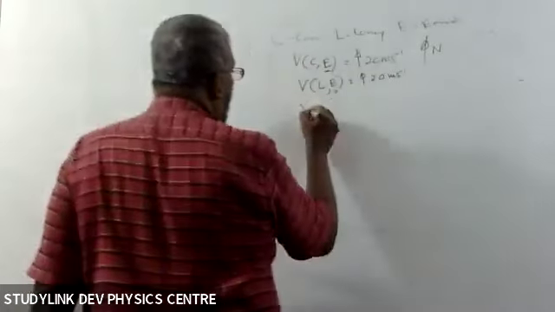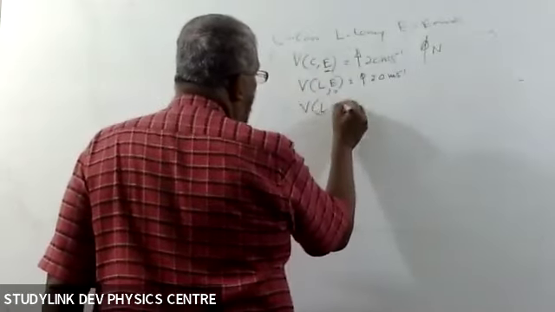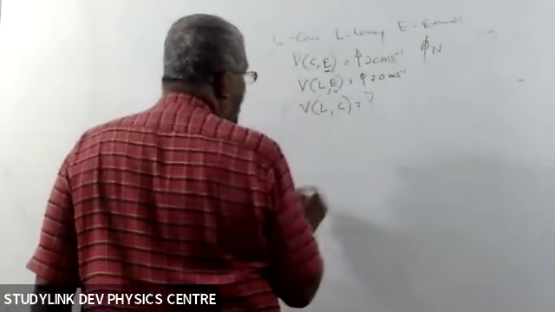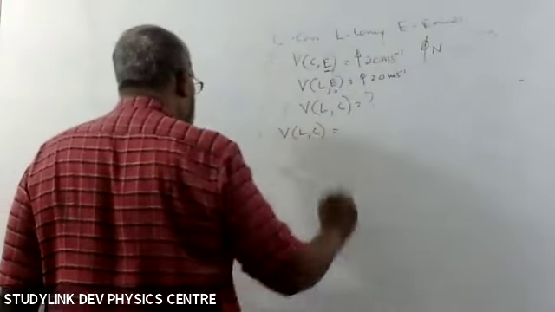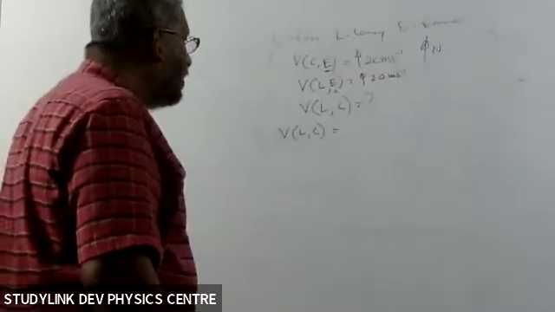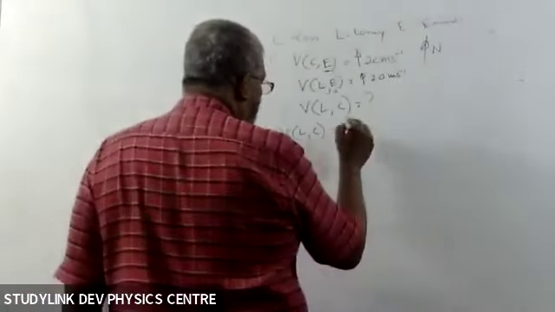I want to find the velocity of the lorry relative to the car. This is the equation of relative velocity.